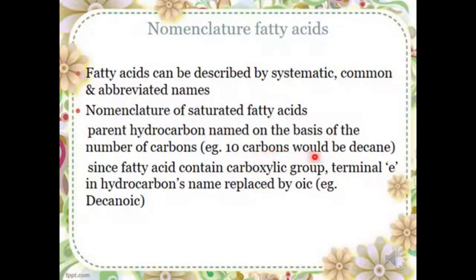Note that it ends with the letter E due to the 10 carbons, but because this is an acid, we replace the NE with OIC, so it becomes decanoic acid. This is very simple, basic knowledge that you have learned before.